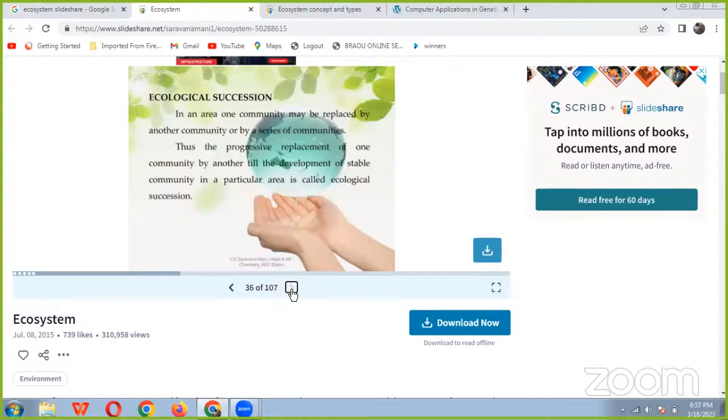Next one is the ecological section. The circular cycle also, both are the same. Next one, ecological succession. According to our syllabus, ecological succession is there.